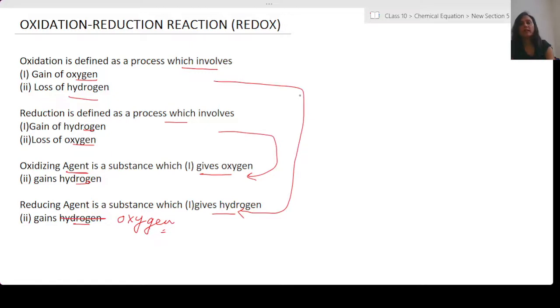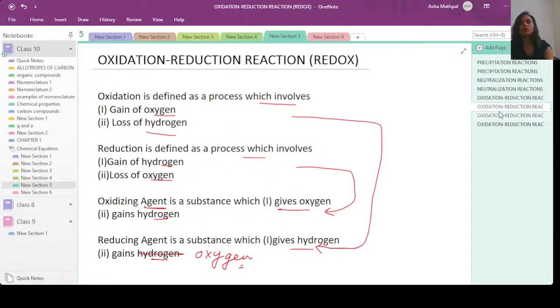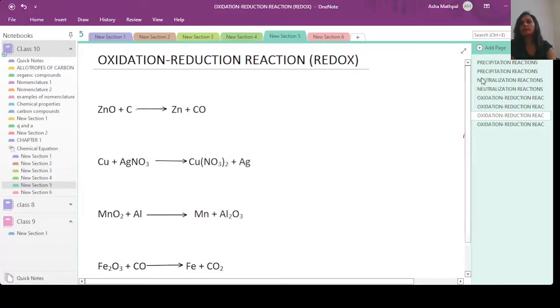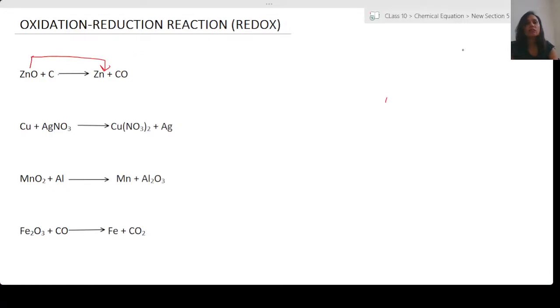You can take another example, or we can go with the reactions, there also you will be able to understand like this. Okay, so here I have kept a few reactions. I'll try to explain them one by one. Now see, ZnO plus C gives you Zn plus CO. Now if you see, ZnO is changing to Zn in the product. Now ZnO is losing its oxygen.